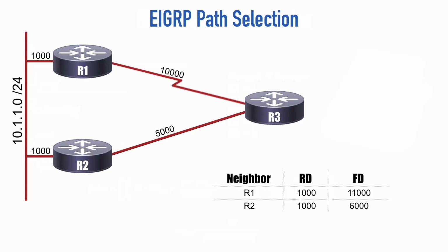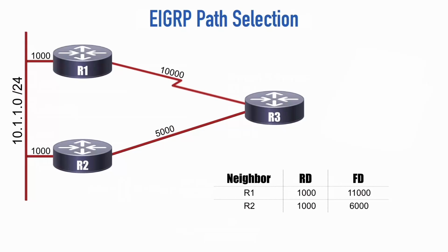But R3 realizes that it's going to cost something to get to R1. It's going to cost something to get to R2. So R3 is going to say, let me add those up. R1 reported a metric of 1,000 to get to that network. That was the reported distance. You see there on the column of RD, reported distance, R1 reported that to me of 1,000. But it cost me 10,000 because maybe I'm on a serial link. Maybe it's a 10,000 cost for me to get to R1. Well, I've got to add those two up. 10,000 plus 1,000, that's 11,000.